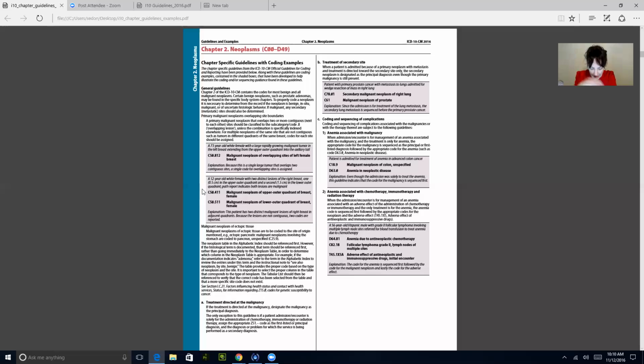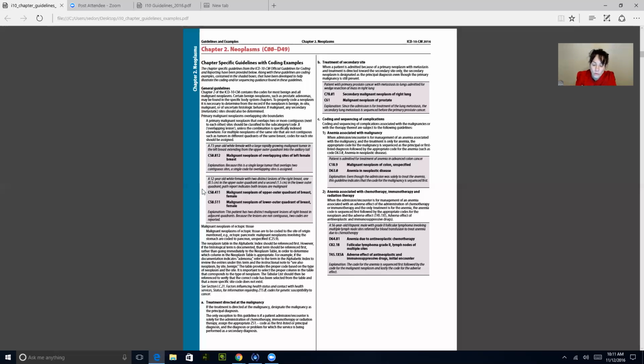It's really just telling us that if the patient's admission is solely for the administration of chemo or whatever immunotherapy they're getting for malignancy, then we would assign Z51, and that's for encounter for chemotherapy. We would assign that code first. And then the diagnosis or problem for that, so whatever our malignancy is, right after that.